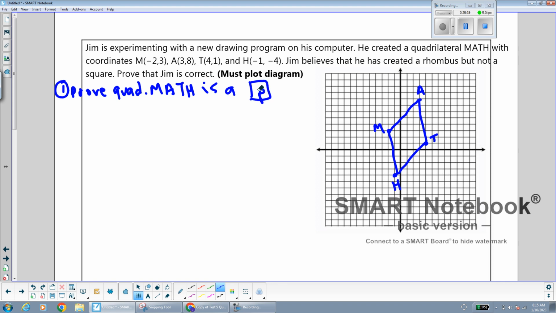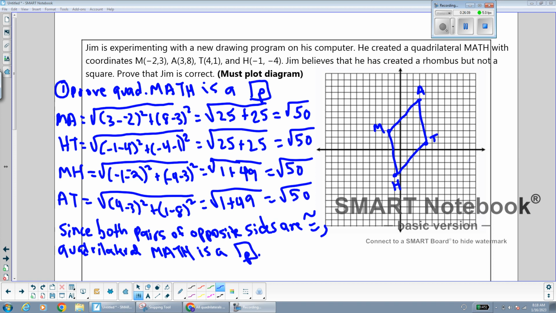Since I know that I'm going to be proving it's a rhombus afterwards, and I know that one property of a rhombus is congruent sides, I think I'm just going to show it's a parallelogram by showing the opposite sides are congruent, because then I accomplish number one, proving it's a parallelogram, and number two, proving it's a rhombus in one shot. I won't have to redo any calculations. I'm just going to pause the video, and I'm going to find the length using the distance formula of all four sides, because I need both pairs of opposite sides.